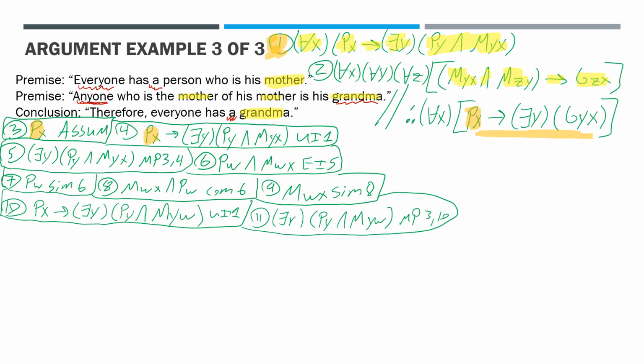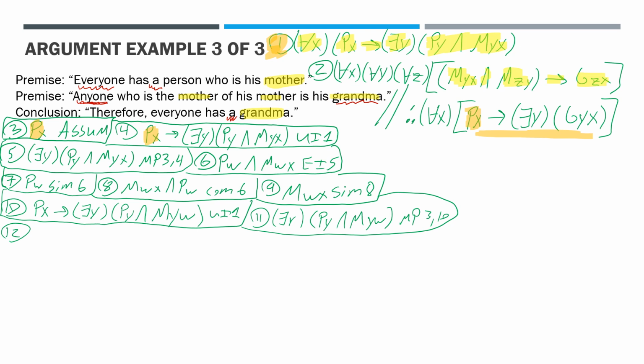And then we want to instantiate that. So for 12, we just had to run through these variables. We had to run with that variable w. So for 12, we'll now run with the variable z.